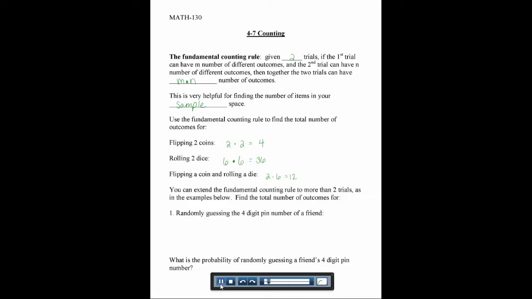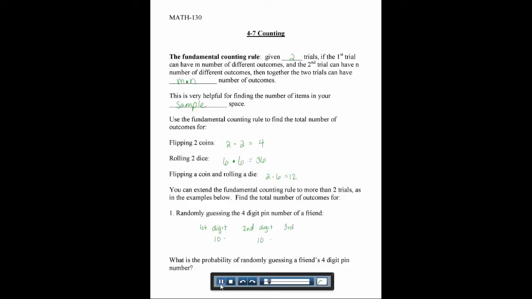And we can use this for more than 2 trials. Say we want to randomly guess the 4-digit PIN number of a friend. There are 10 digits, 0 through 9. For the first digit, there are 10 possibilities. The second digit, there are 10.